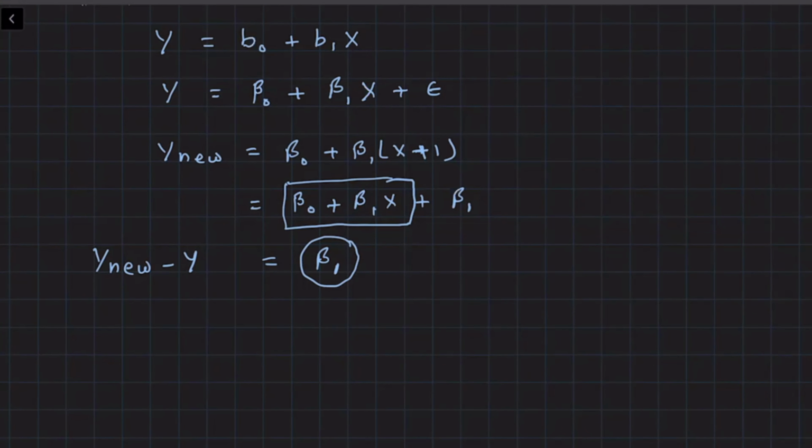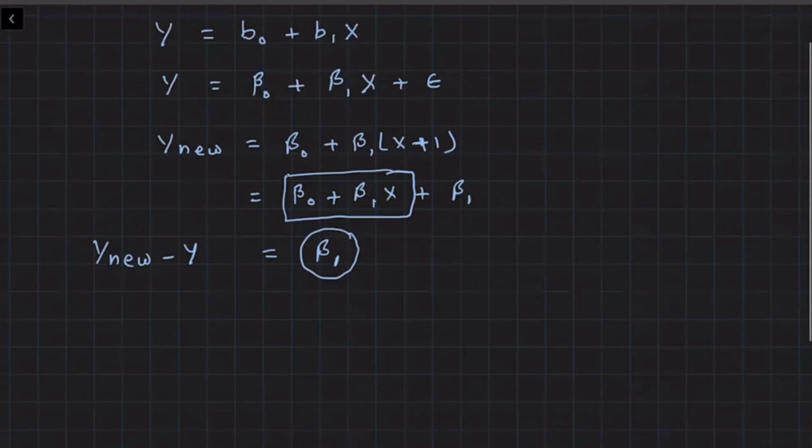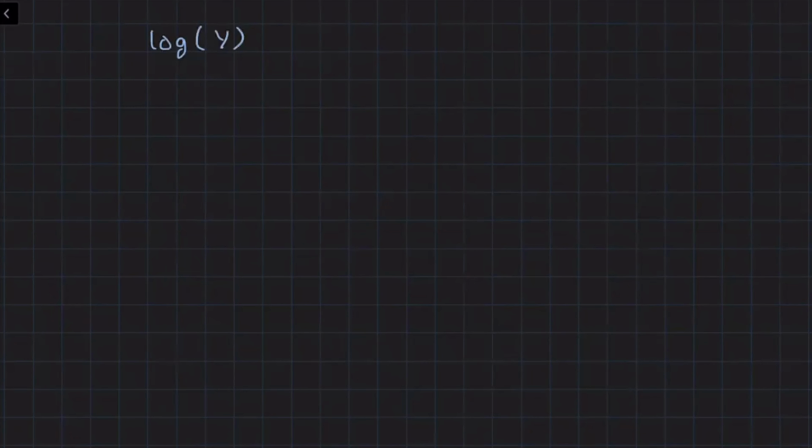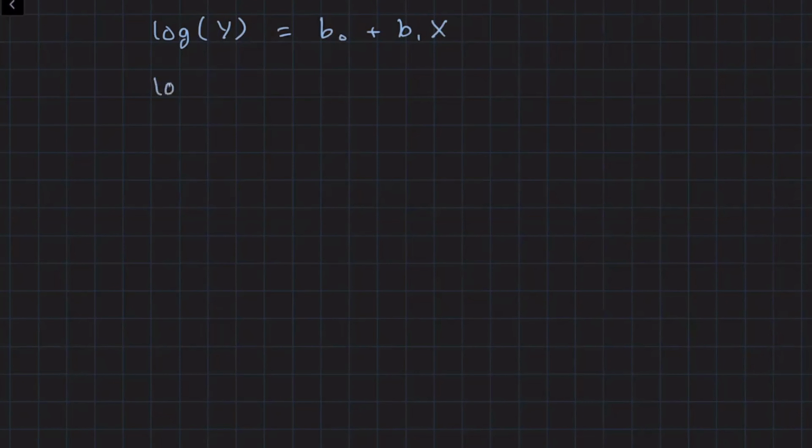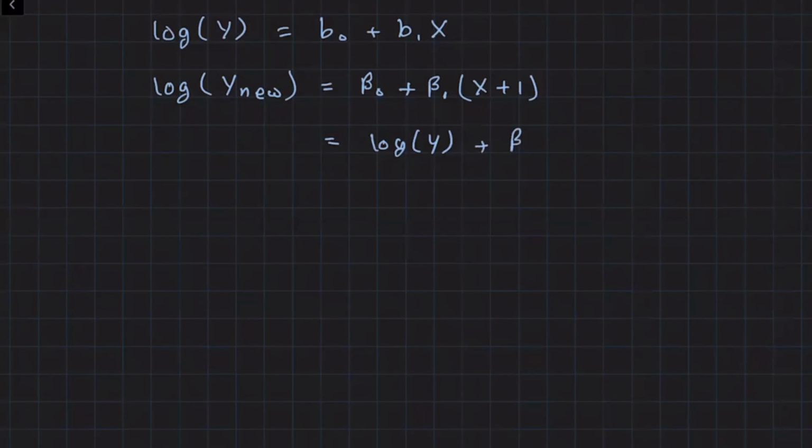Now let's consider a situation where, due to whatever reason, we have to take log of y. Now we have this situation, log of y new is beta 0 plus beta 1 x plus 1. So you have seen that becomes log of y plus beta 1. And if you take log of y to the left, log y new minus log of y.